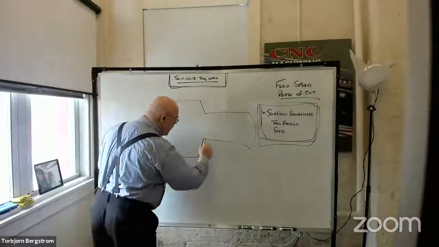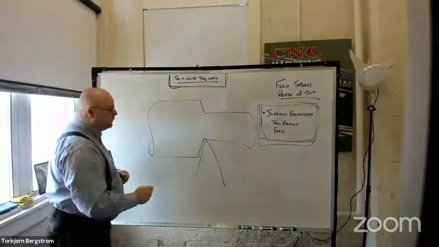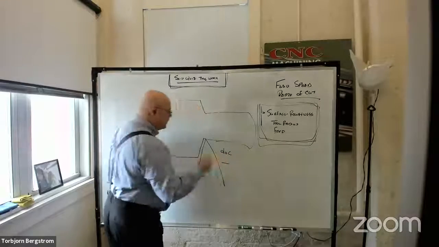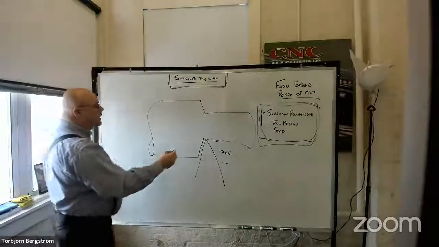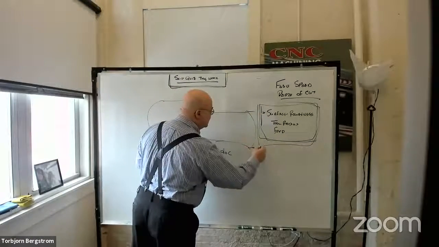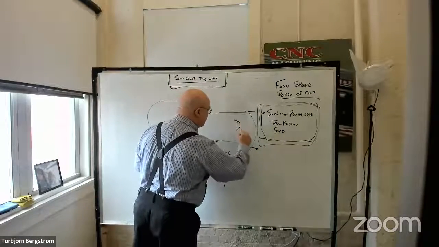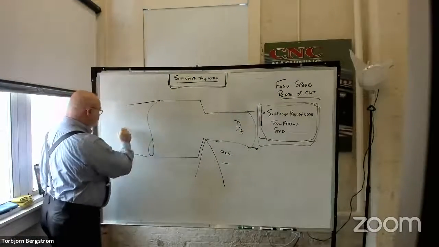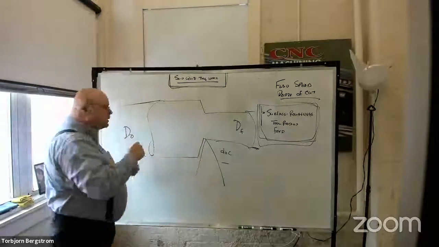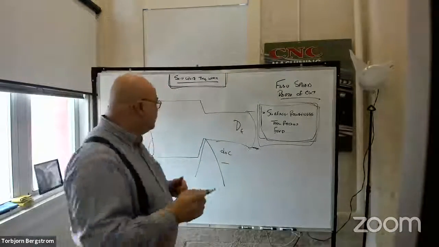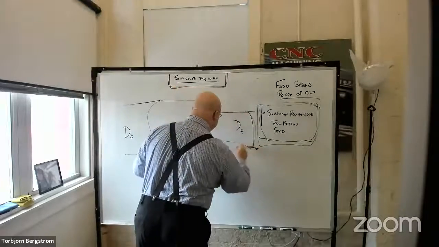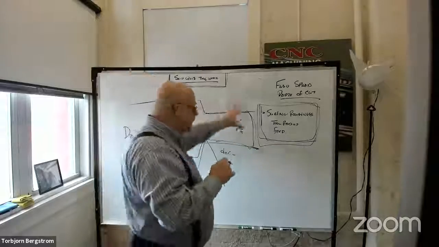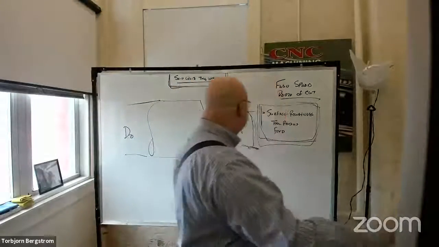If we know the depth of cut, which is this distance, then we can predict what the finished diameter is going to be, as long as we know what the original diameter is. So we know the original diameter and we know the depth of cut. We can predict the finished diameter. So we can predict something about the geometry for our turning operation pretty easily.